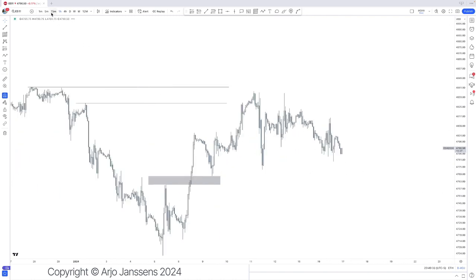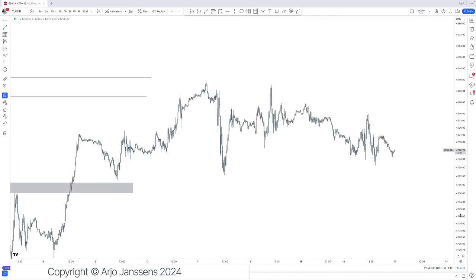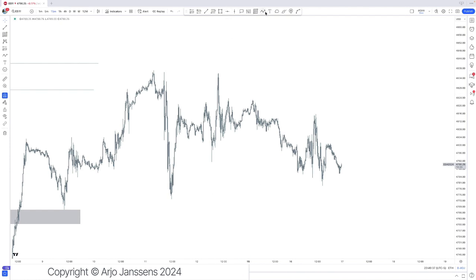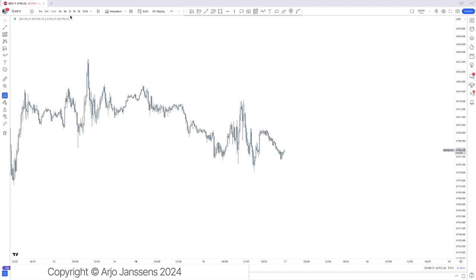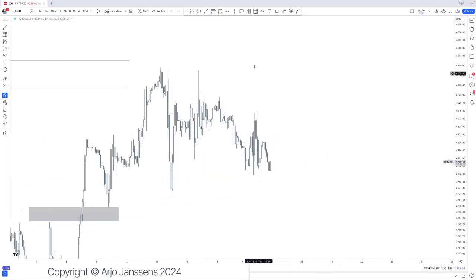Then we can even go into the 15-minute to see what we are doing on market structure right here. Well, intermediate term high, intermediate term low, intermediate term high, respecting the intermediate term highs there as well. Continuing lower off of that, creating even smaller market structure in here. Where if we go into the 1 hour and we use that small market structure right there, we continue lower.